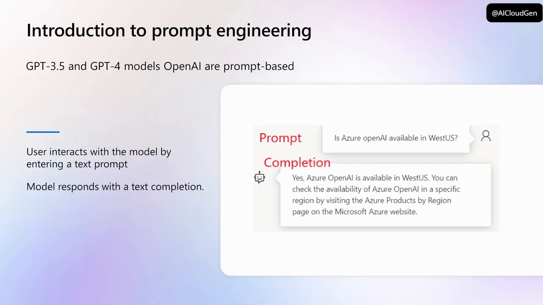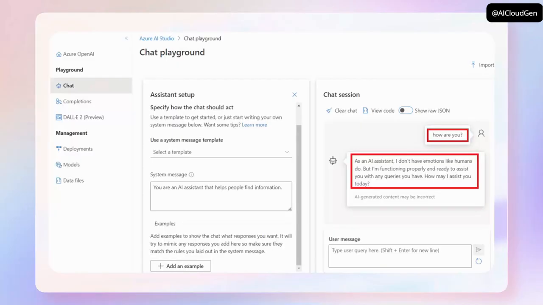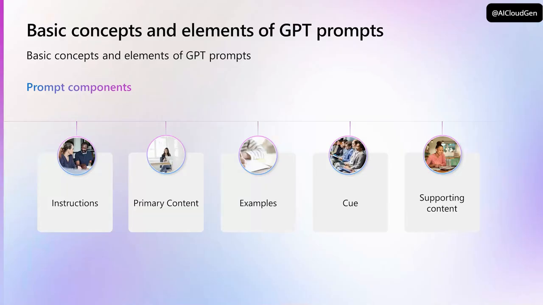That's what we saw even from the chat completion API interface. You ask a question in the form of what we call a prompt and you get a response back. So we saw this demonstration, right? I asked to write a program to create a user in Azure Active Directory, and it gave me a response without any issues. So the first and foremost place where I will get started is around the basic concepts and the key elements when it comes to prompt engineering.